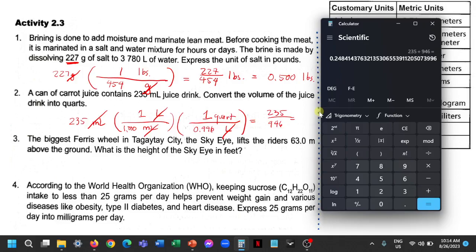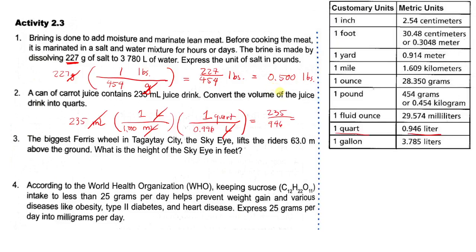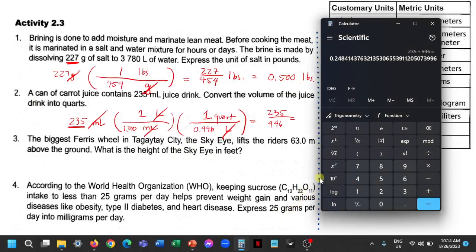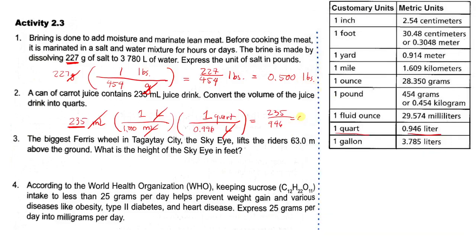So we have this answer. Now again, we need to reflect the proper number of significant figures. On the given, we have three significant figures. So we round the answer also to three significant figures. We have 0.248. Again, what's left is the quarts. This one has only three significant figures because this zero is a leading zero, and leading zeros are not significant. Now for this activity, you answer number 3 and item number 4.